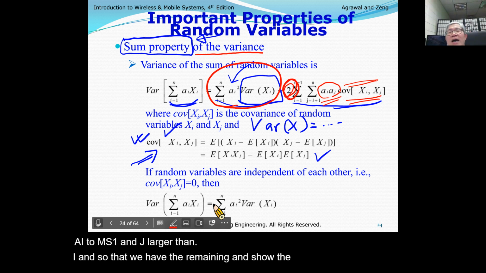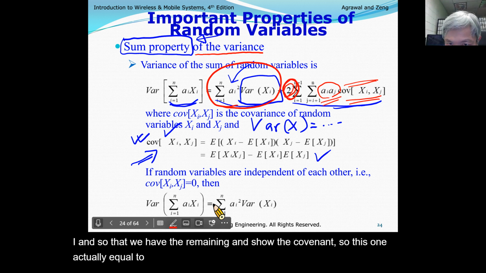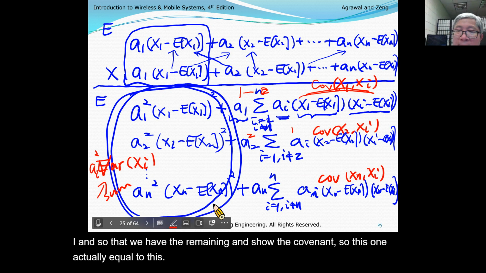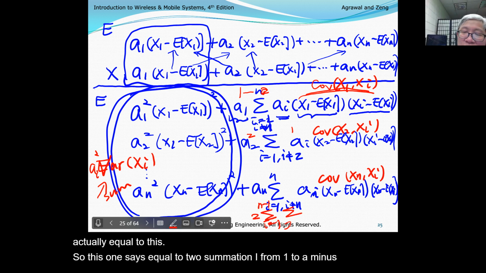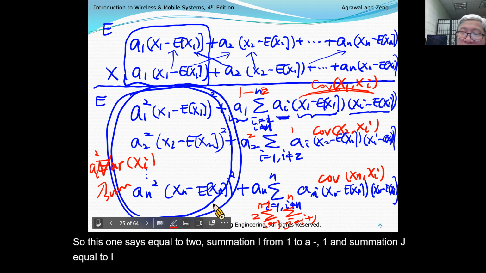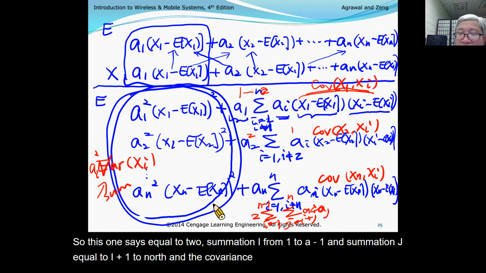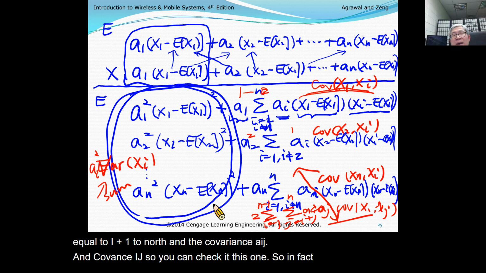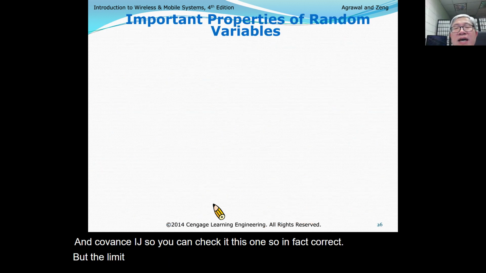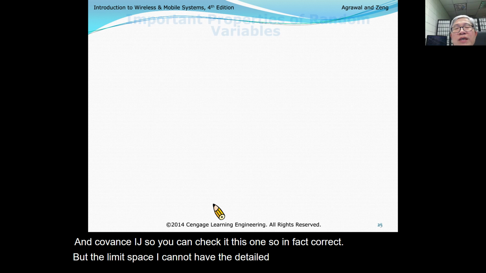So this one is equal to 2 summation i from 1 to n minus 1 and summation j equal to i plus 1 to n of covariance ij. So you can check it. In fact, it is correct. But with the limited space, I cannot show the detailed derivation; actually, I show you this is correct.